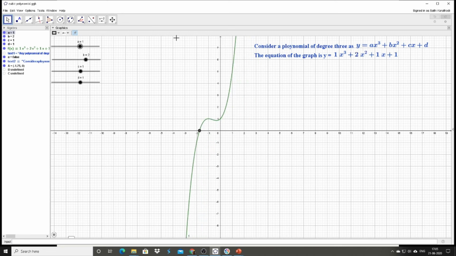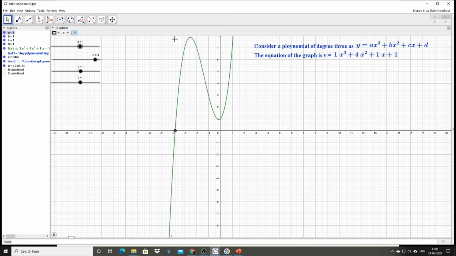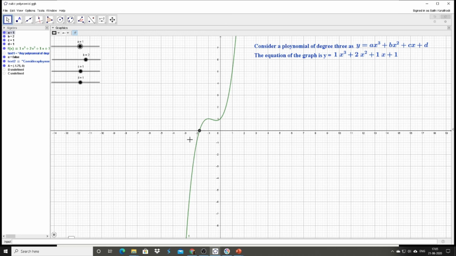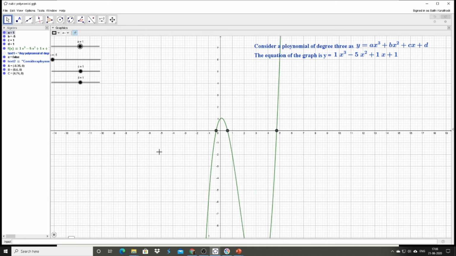Again we concentrate more on points of intersection. Here we can see there is only 1 point of intersection. Now we can see 3 points of intersection.